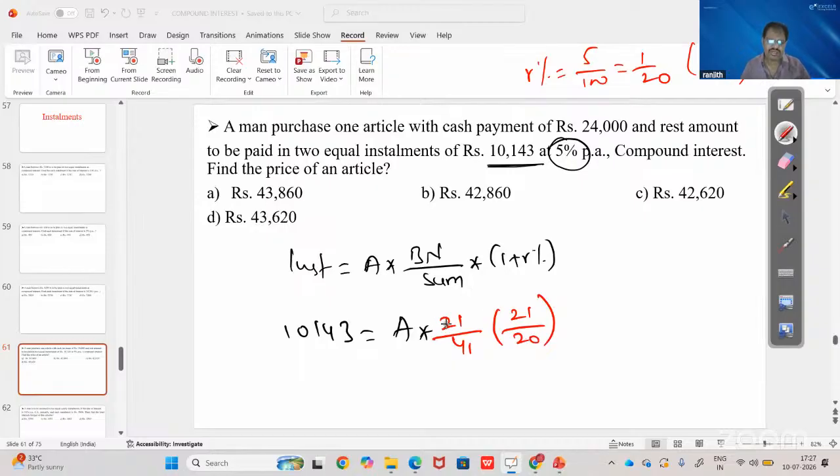So here, the 21 table. 10143 divided by 21. 21 fours are 84. The remainder is 174. 21 eights are 168.